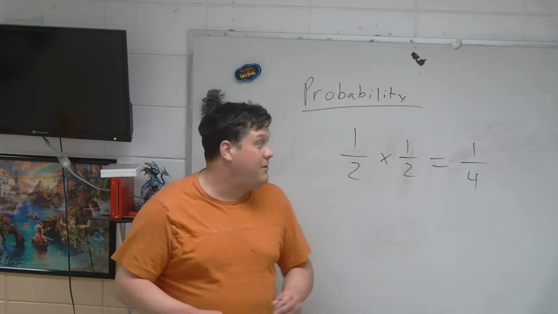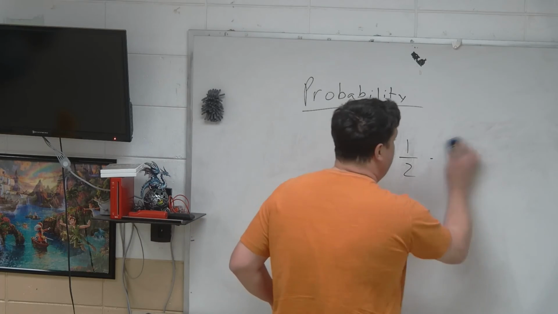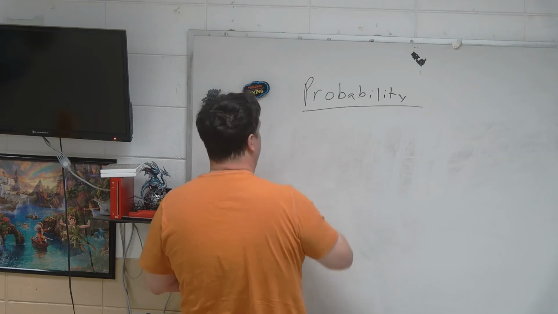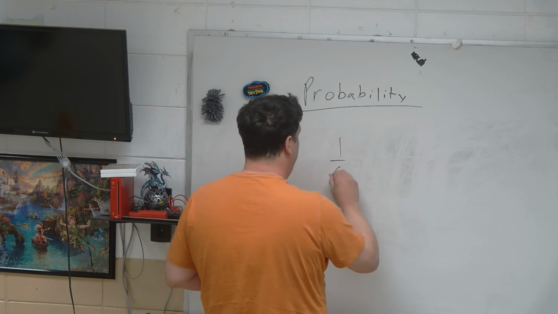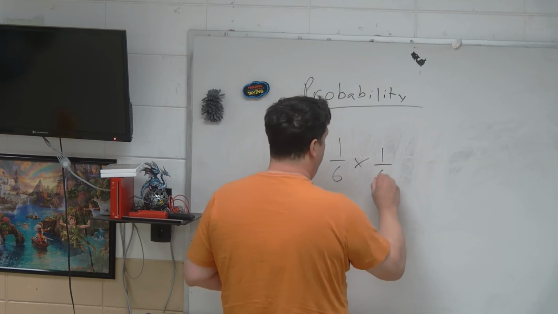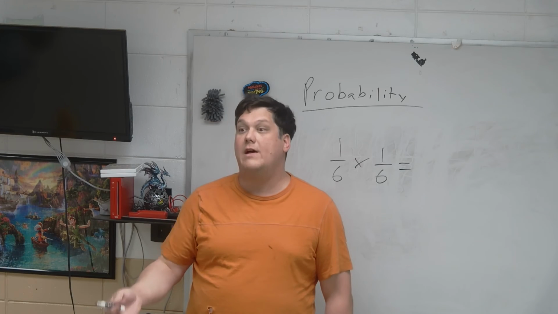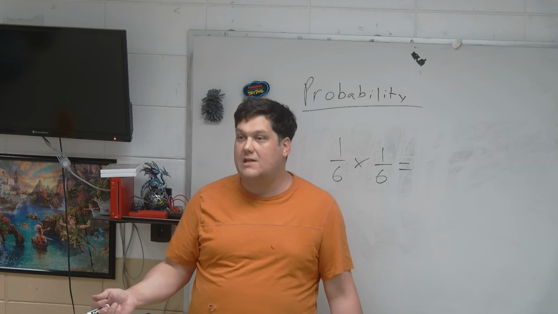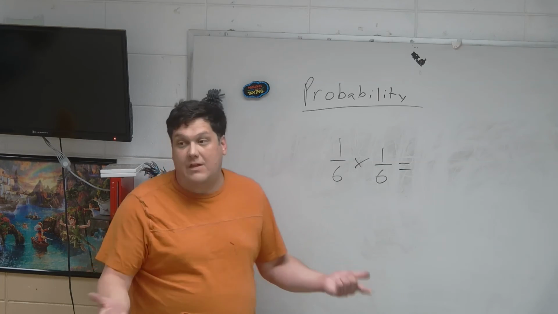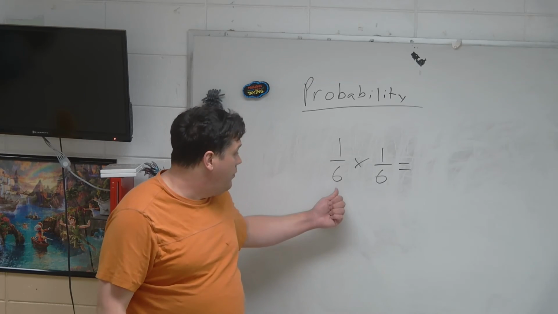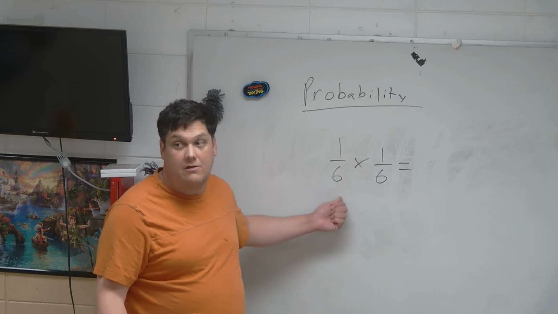And if you want to get really complicated, you introduce the dice. What are the odds of rolling a 12 on 2 dice? 2 6-sided dice. Well, they both have to be 6s. And there's only a 1 in 6 chance of rolling a 6 on the first die.